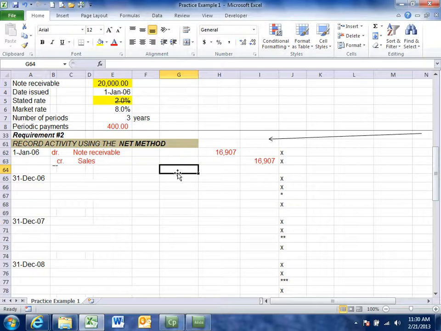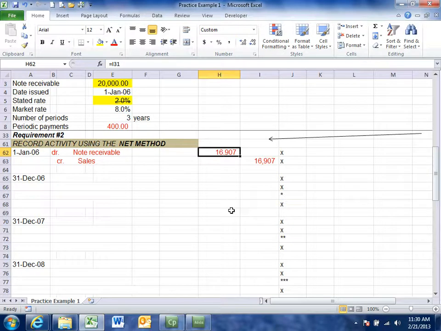Remember, our goal in the life cycle of this note is that the note is issued to us, and then each year for the next 3 years they pay us $400 in interest, and at the end of that third year when the note matures, they pay us the face value of the note, which is $20,000. At this point, we're not in a position to accept that final payment because the note is only on our books at $16,907.